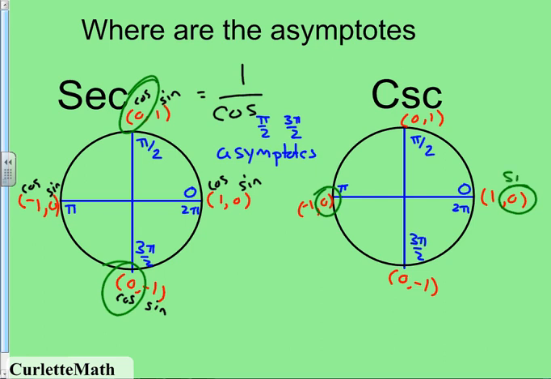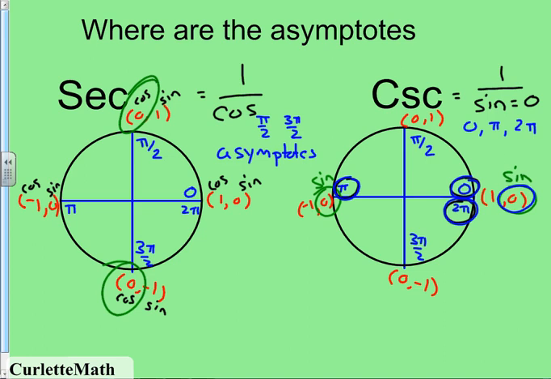So our sine is going to be 0 at 0, at pi, and back at 2 pi. The cosecant, remember, is 1 over sine, and we can't have sine equal 0 because that would make it undefined. Those spots are at 0, at pi, and at 2 pi.